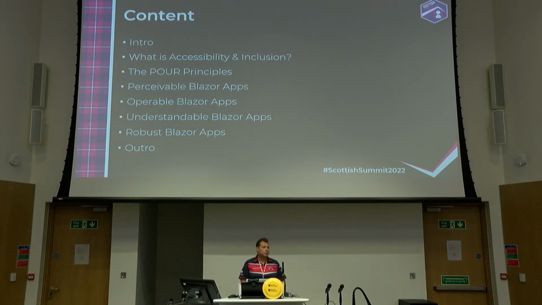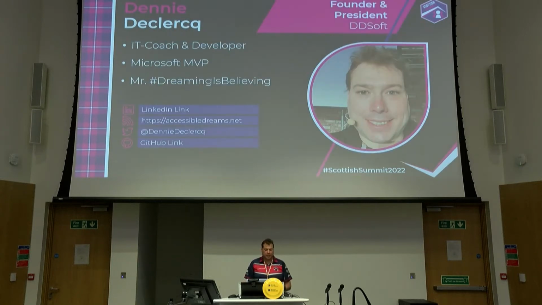One of the accessibility principles are the core principles, and these are perceivable, operable, understandable, and robust. And of course, after explaining accessibility and the core principles, I'm going to show you how to implement all of them in a Blazor application. And then it's time to wrap up this talk and time for questions and answers. And thank you for being here.